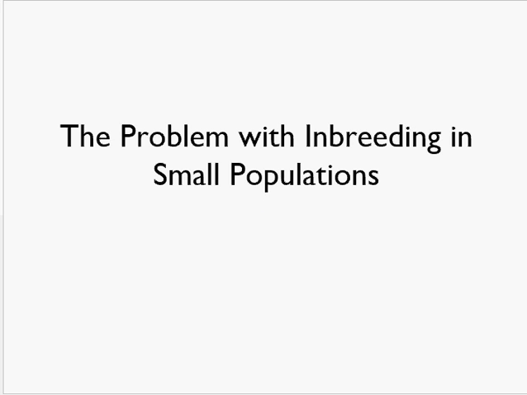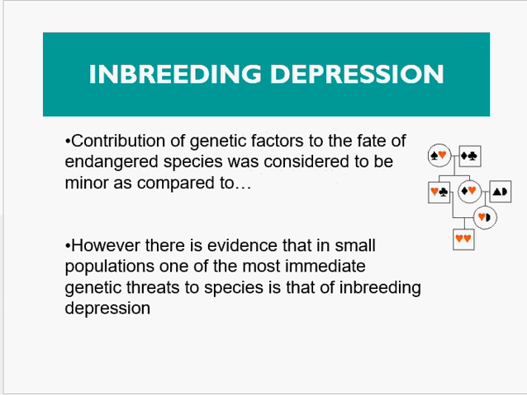Okay, the last conservation genetics video, and this one is dealing with inbreeding, and in particular inbreeding in small populations. So the background is that it was thought in the past that genetic factors didn't really contribute much to the fate of endangered species, so we didn't really have to worry about it that much.